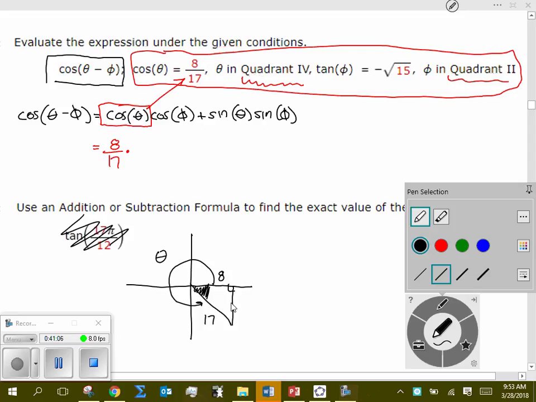Do you now know what this distance here is or have the ability to find that distance? Pythagorean theorem says it's -15. Okay. So now, with that triangle, it's for theta, so it's really only going to give me that. But now do you know what the sine of theta is? Opposite over hypotenuse, right? It's -15 over 17.